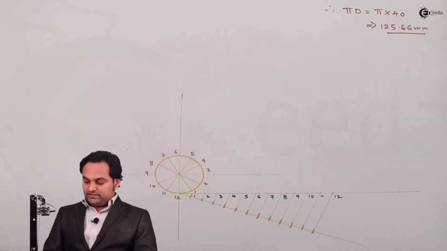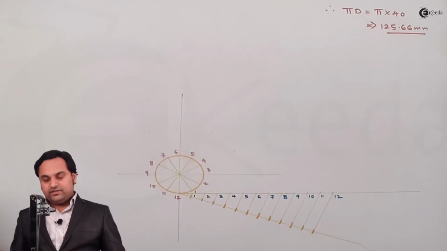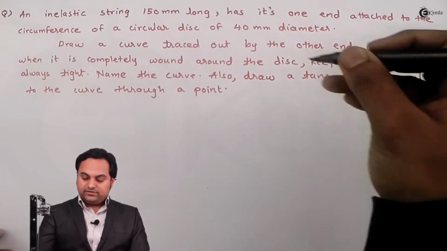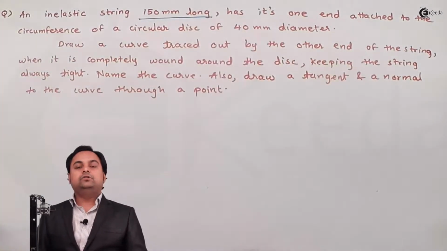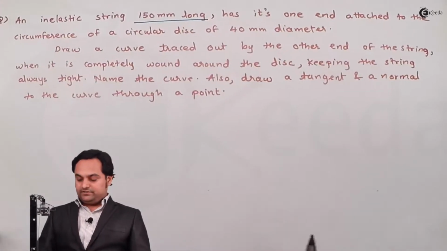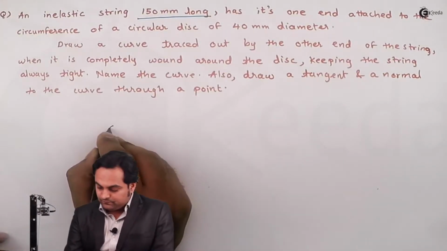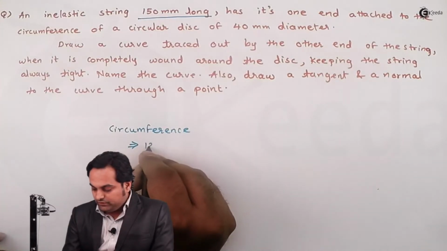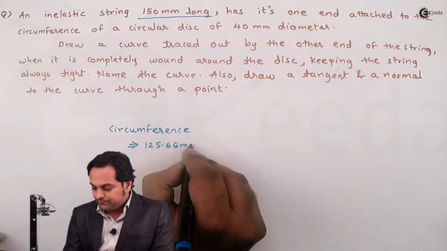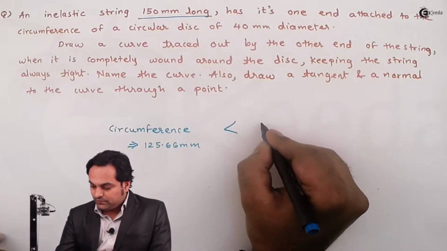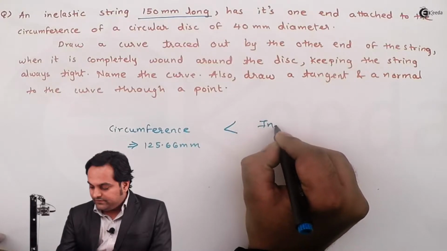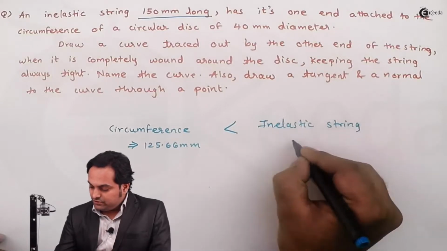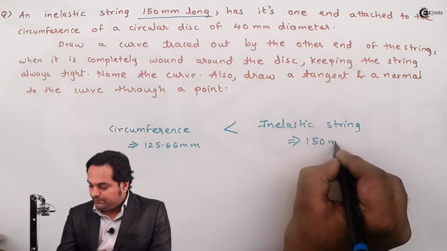Now in this case, the length of the string is given. When I look into the question, an inelastic string of 150 mm long. So now what is happening is the circumference, which is equal to 125.66 mm, is less than the inelastic string, which is 150 mm long.